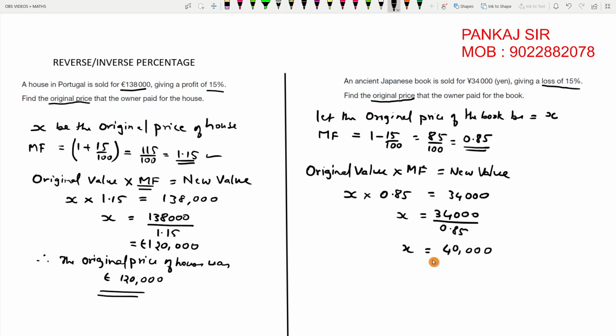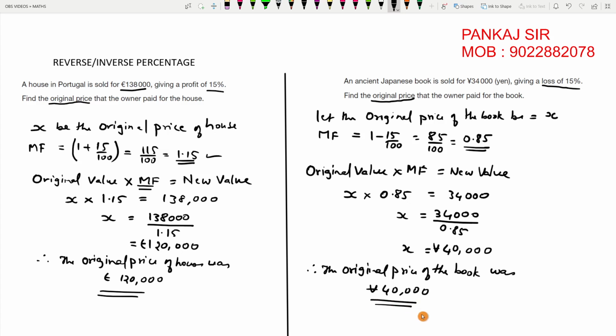So this 40,000 yen is the answer for the original price. So you can write, therefore, the original price of the book was 40,000 yen.